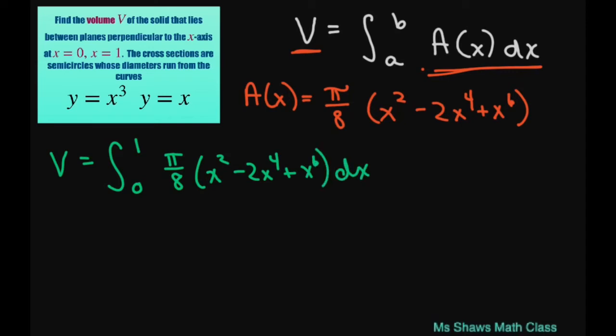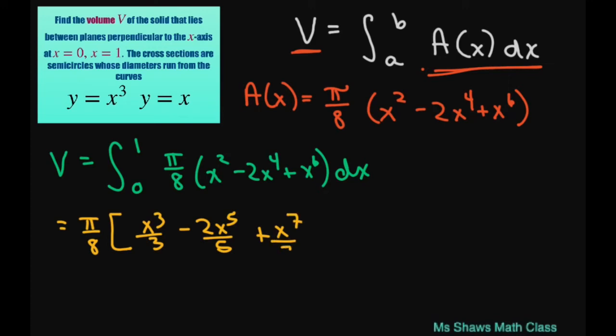All right, when you integrate this, we're going to get, let's bring out the pi divided by 8. So we have pi divided by 8, x cubed divided by 3 minus 2x to the power of 5 divided by 5 plus x to the power of 7 divided by 7. And we're evaluating it from 0 to 1.